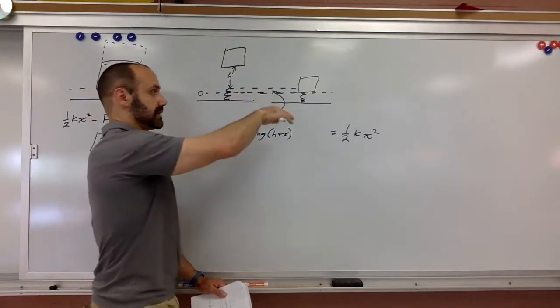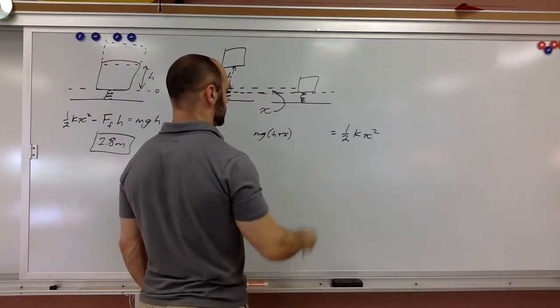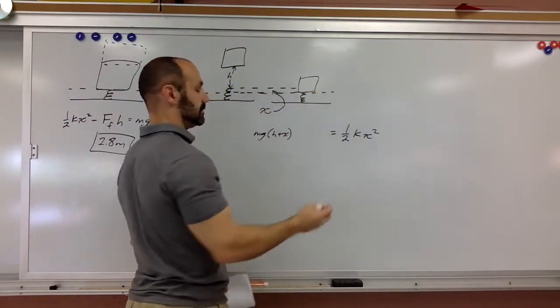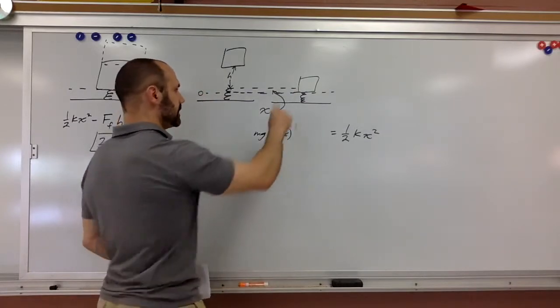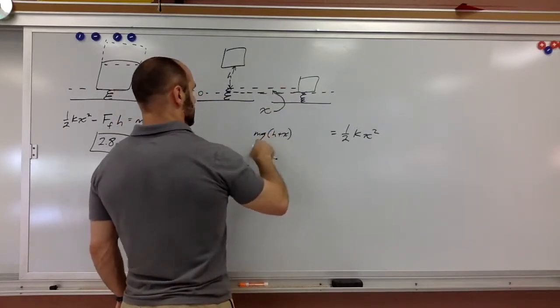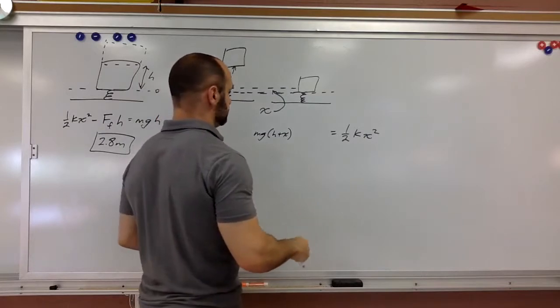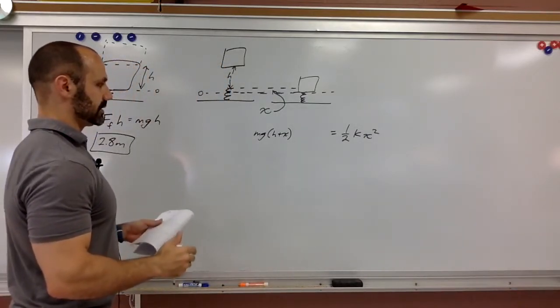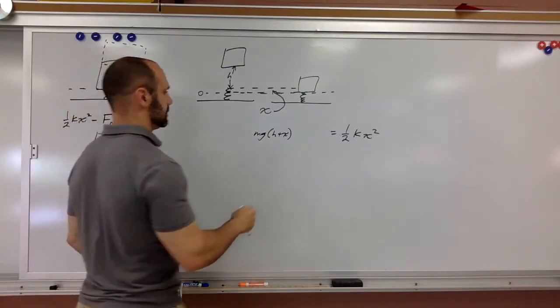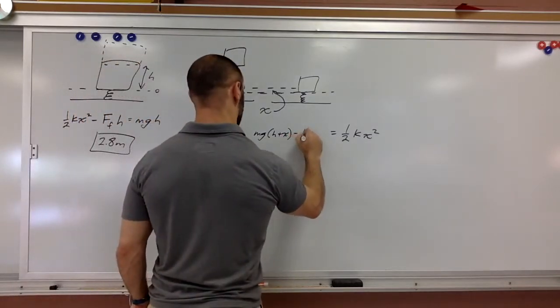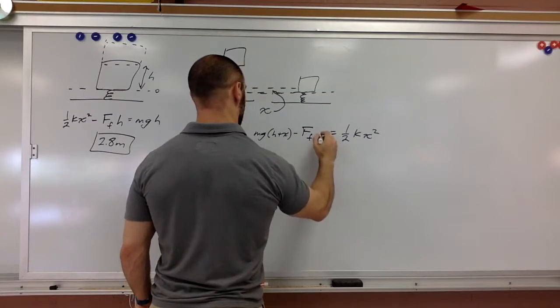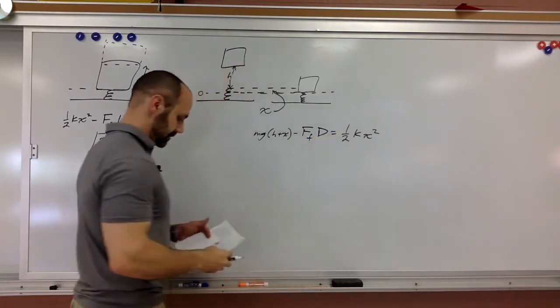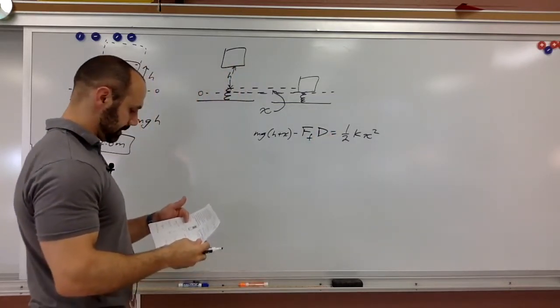This is just coming to rest on here. And so it's a different amount of compression from in part B. And I don't know what that is. So I've got this, and then I want to know the total distance that it goes. So minus the force of friction times d, that total distance, whatever it is.